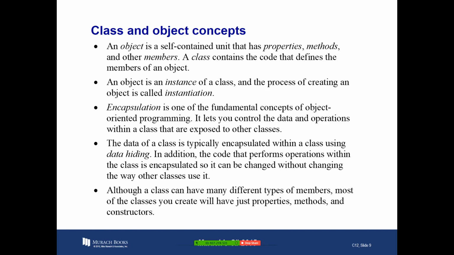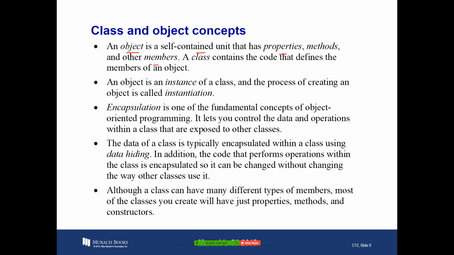Class and object concepts. An object is a self-contained unit that has properties, methods, and other members. A class contains code that defines the members of an object, and code can also be used to define methods.